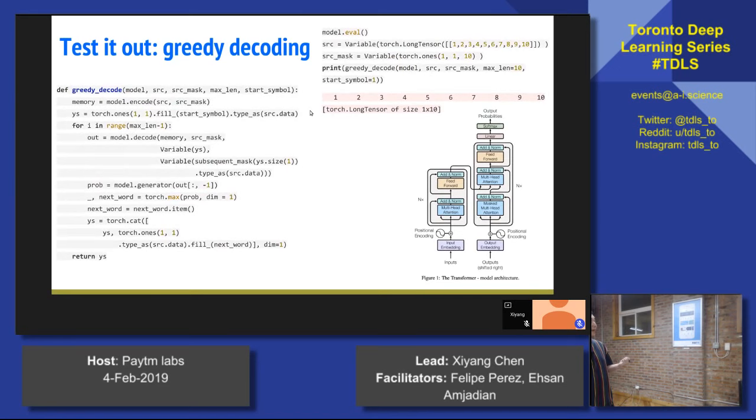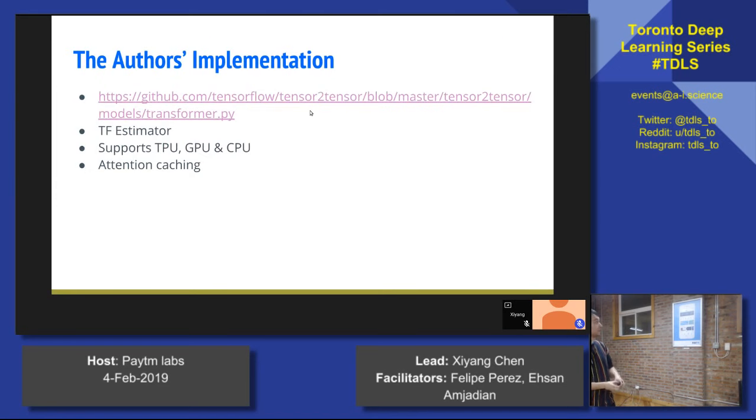But I actually saw the caching, and I think it's based on TF Estimator, which is a scheme that you use if you want to use TPU, and that's pretty much the only way you can use TPU, I think. You have to fit into their TF Estimator paradigm. So it's a higher level API.